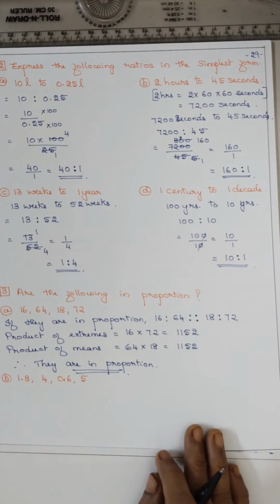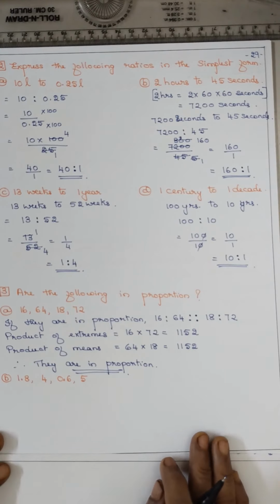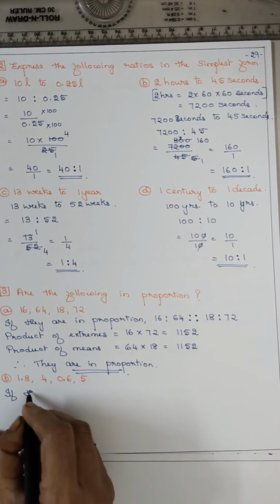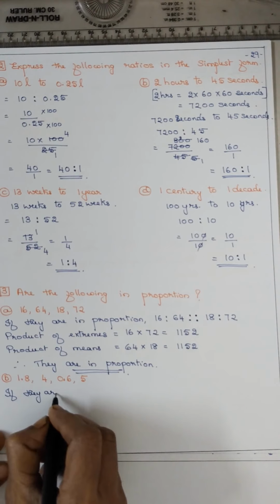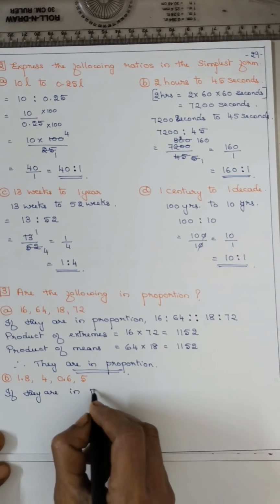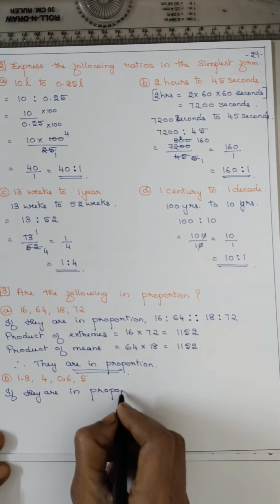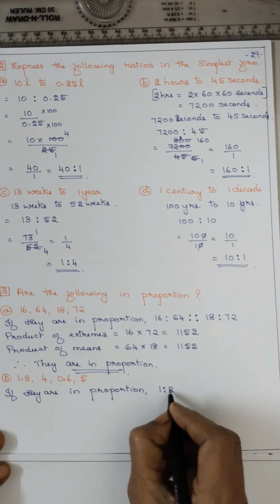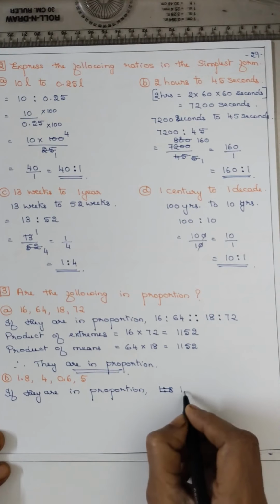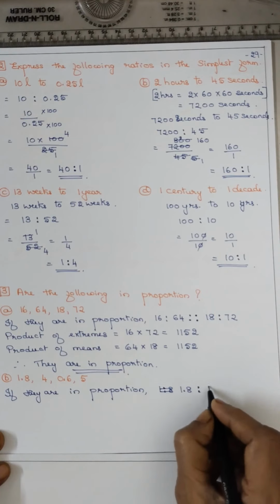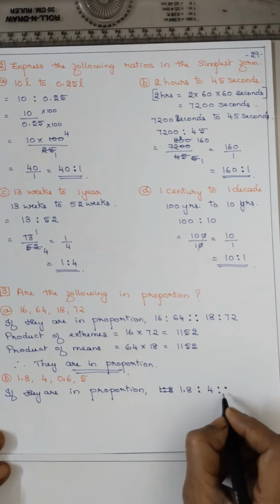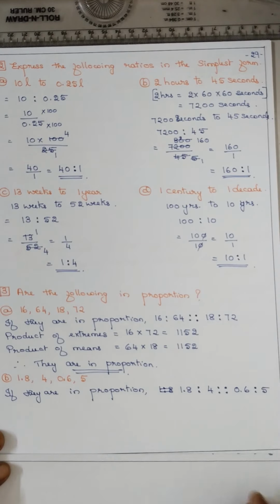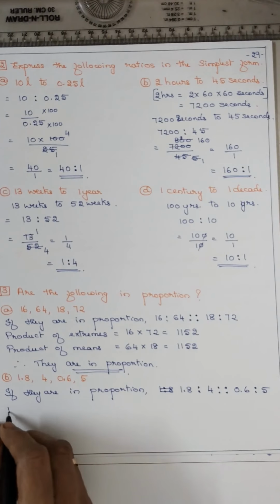Now coming to the question number B. So if they are in proportion, how should it be? 1.8 is to 4 in proportion with 0.6 is to 5. So find out the value.